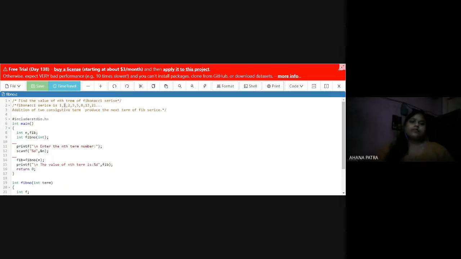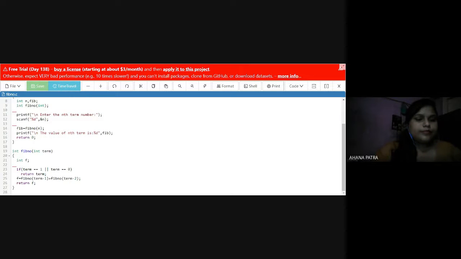So we write that if term equals 1 OR term equals 0, in both conditions it returns term, that means it returns 1.